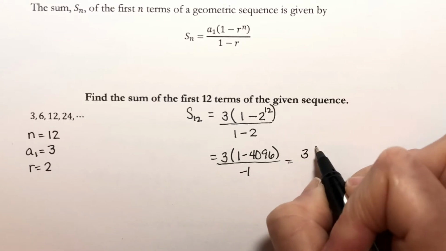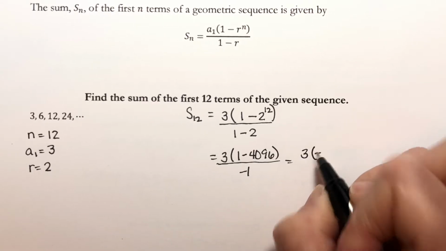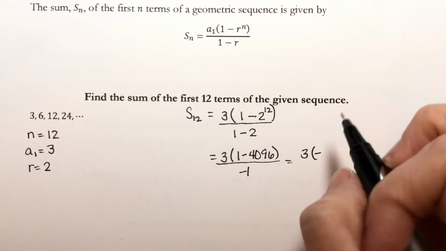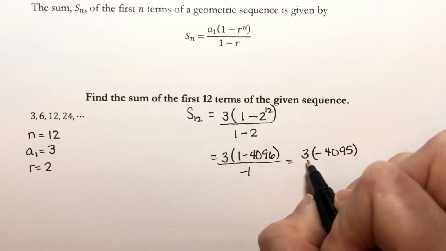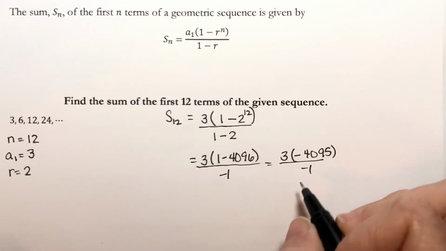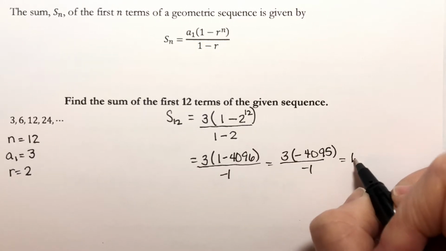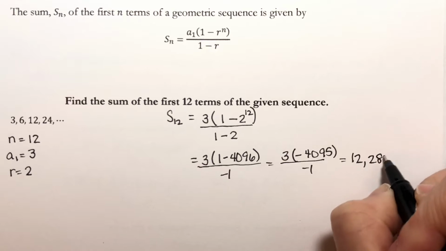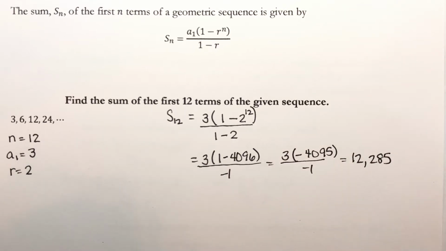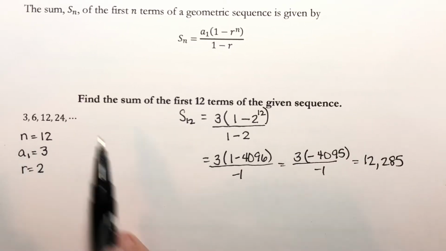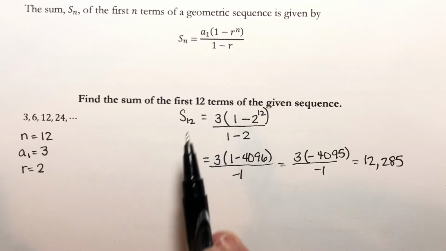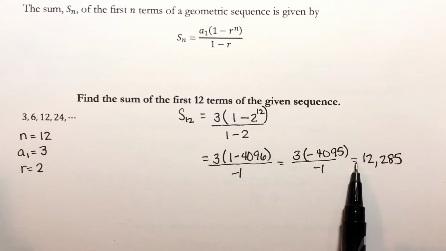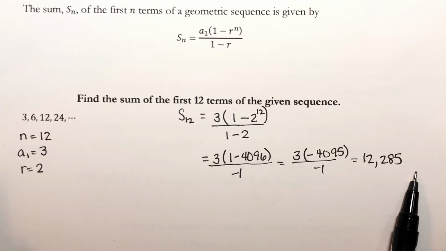So this is 3 times negative 4095 divided by negative 1. And this gives me a positive 12,285. So if I were to list out the first 12 terms and add them all up, I should get 12,285.